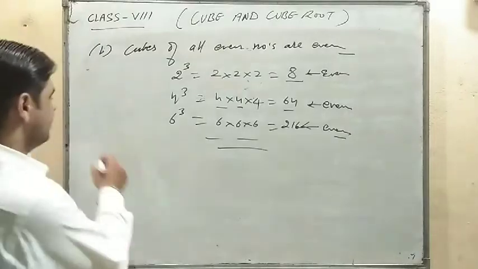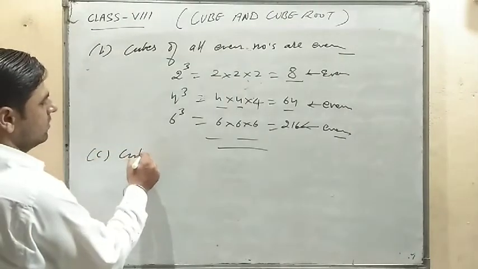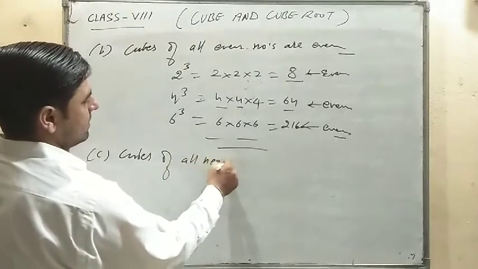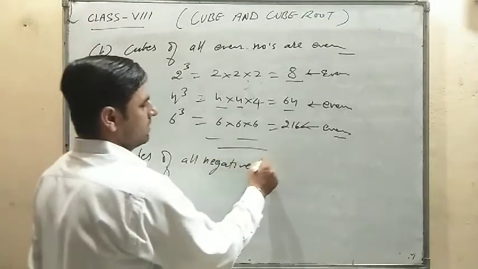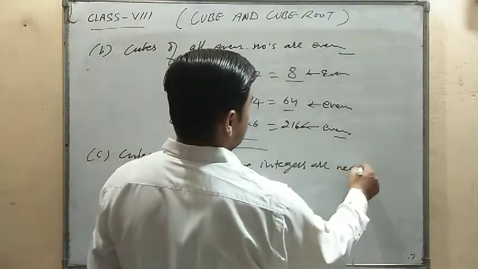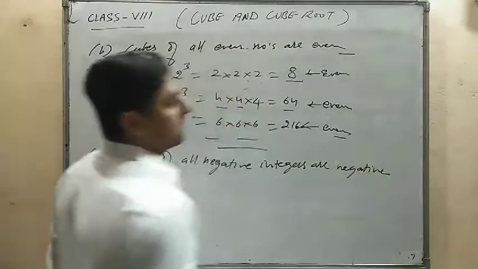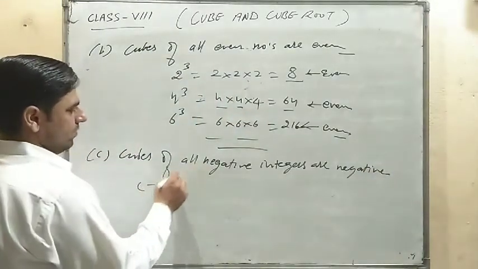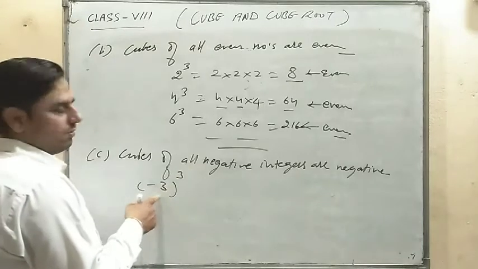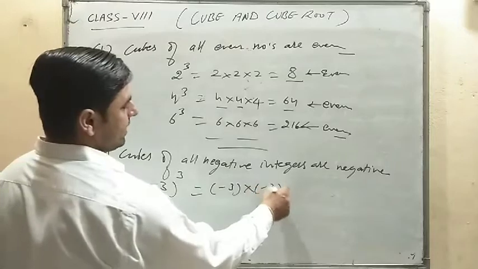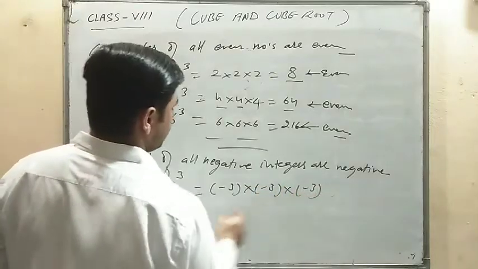And the next one is: cubes of all negative integers are negative. How? Let's see. Cube of negative 3 means minus 3 into minus 3 into minus 3.